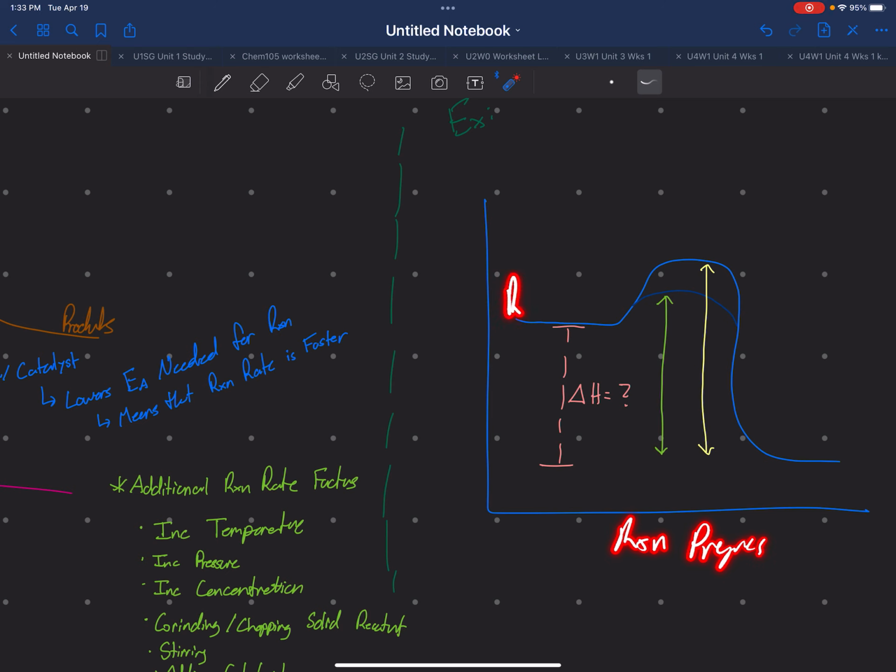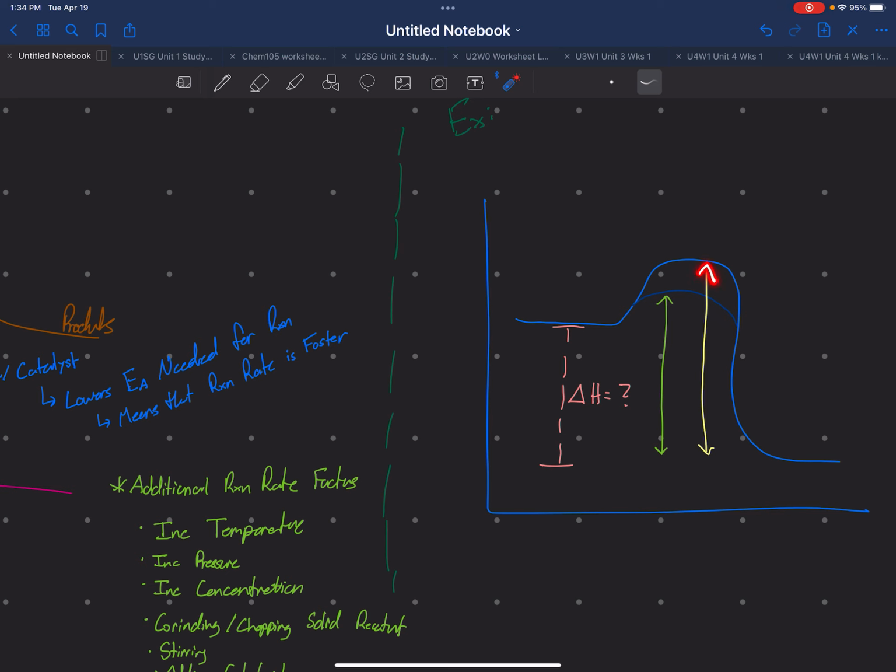Reactants are on this side, products on this side. Okay, let's start with this delta H. You can see the products went down, so delta H would be negative. So this is an exothermic reaction. Okay?